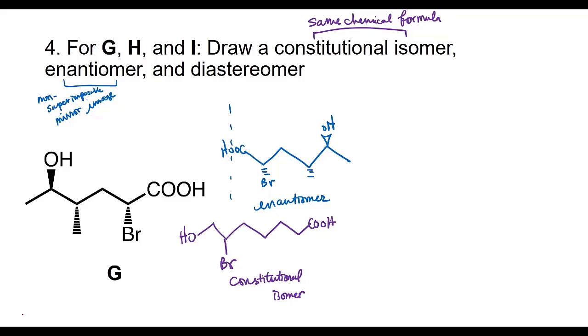And then this one, is it chiral? No, it's not. Is this one chiral? You all say no, but I say yes. It's connected to one CH3 and then it's connected to OH, one carbon, and then H. Four different things.